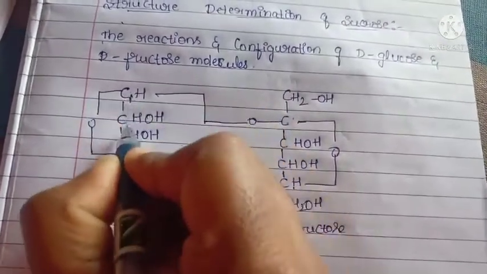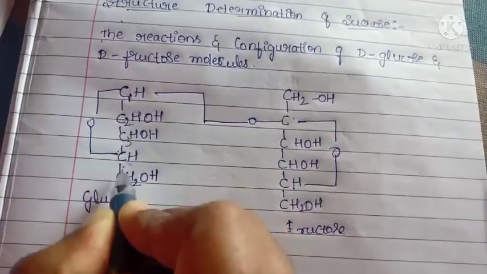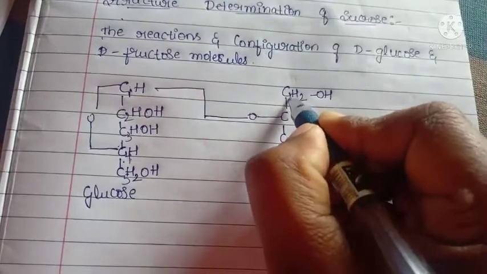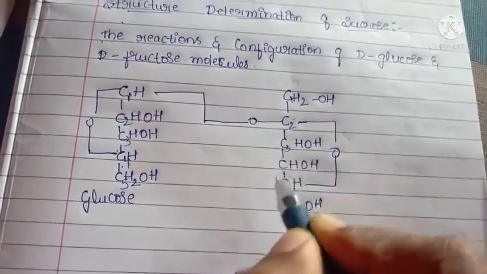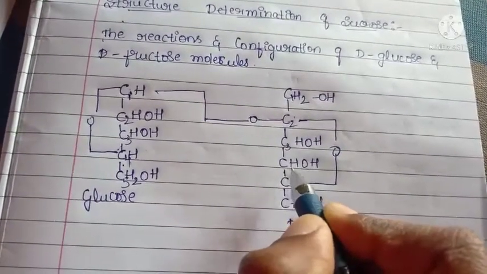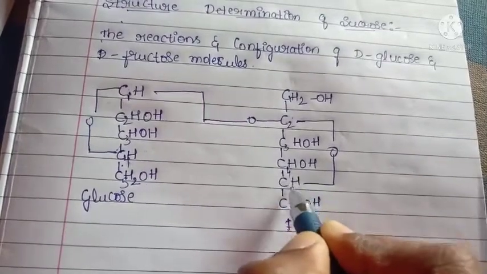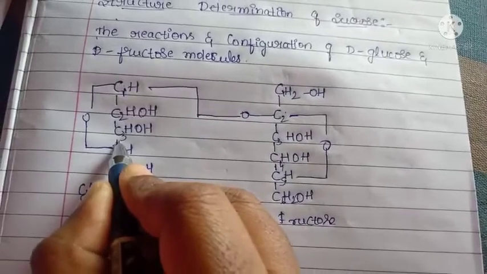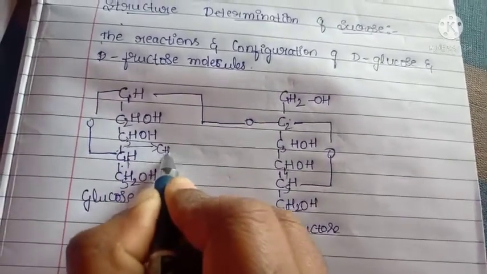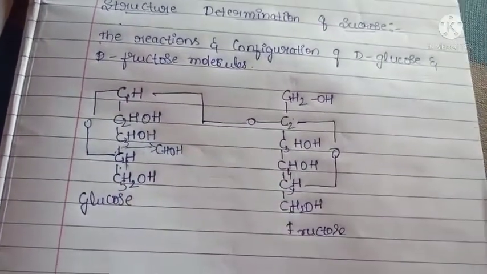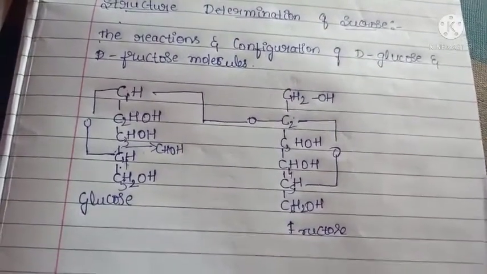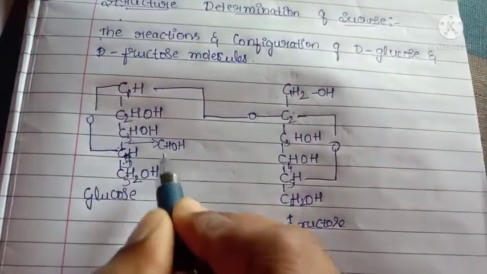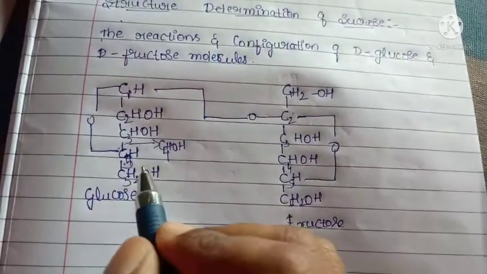This is the first carbon atom, 1, 2, 3, 4, 5, and here 1, 2, 3, 4, 5, 6. Sorry, here I am mistaken. Here one more CHOH should be written. Sorry, I made a mistake. Here this will be the fifth carbon atom, this will be the fourth carbon atom.